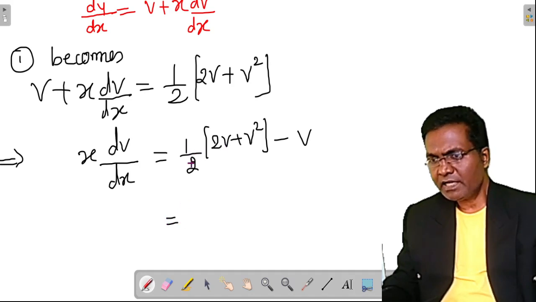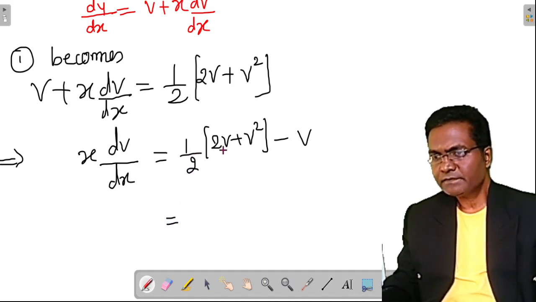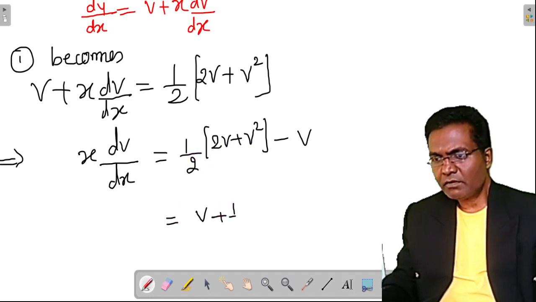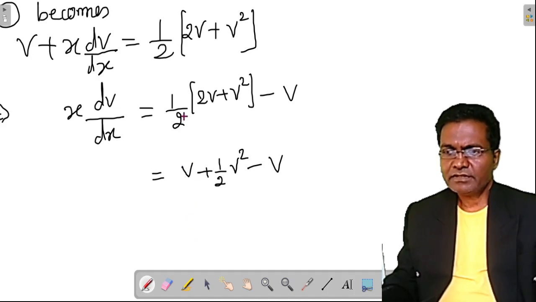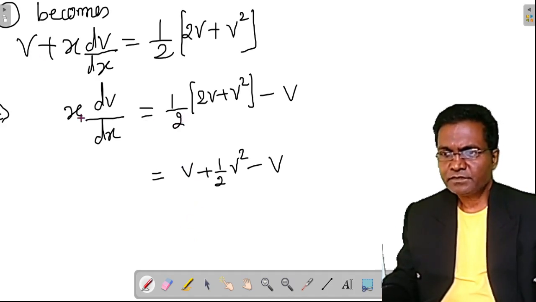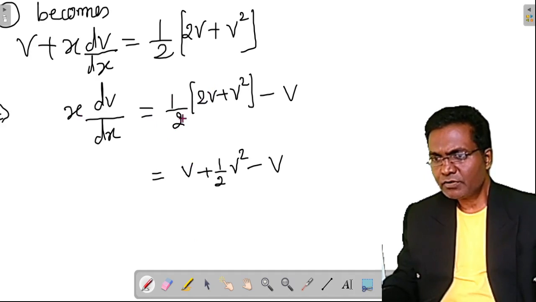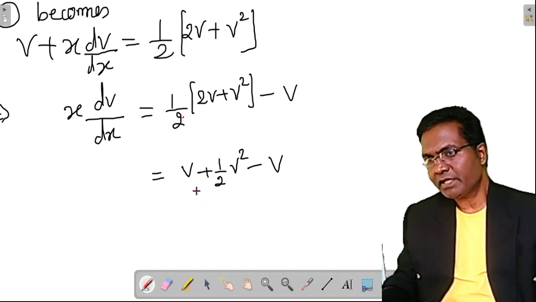Okay, if I multiply these two, what will you get? You will get v, and 1 by 2 v square minus v as it is. Because if you multiply here, the 2 cancels, but here 1 by 2 remains.